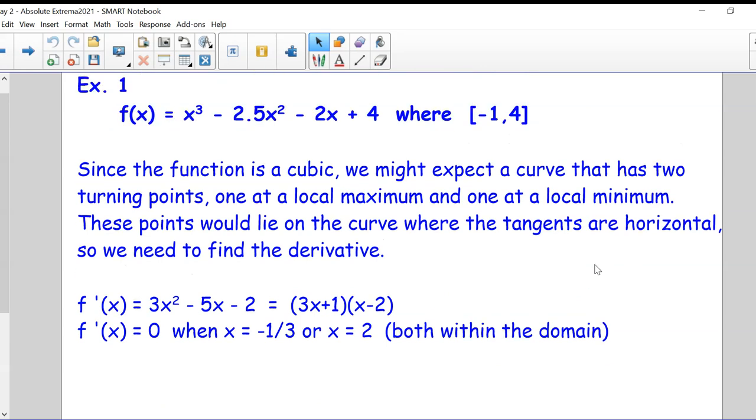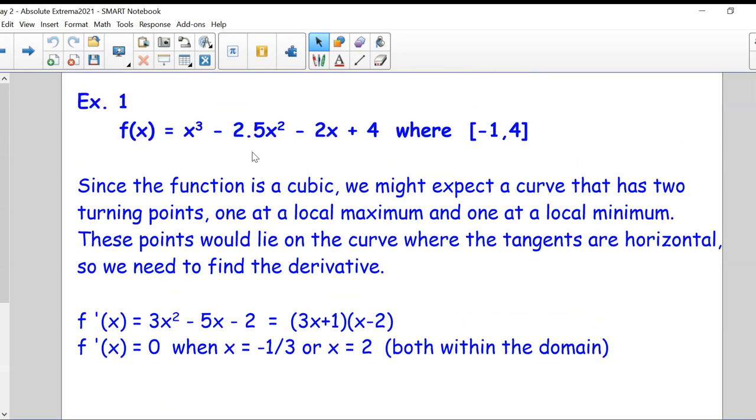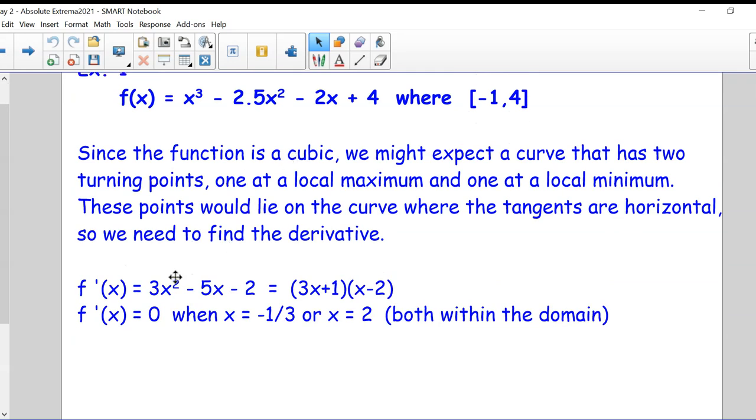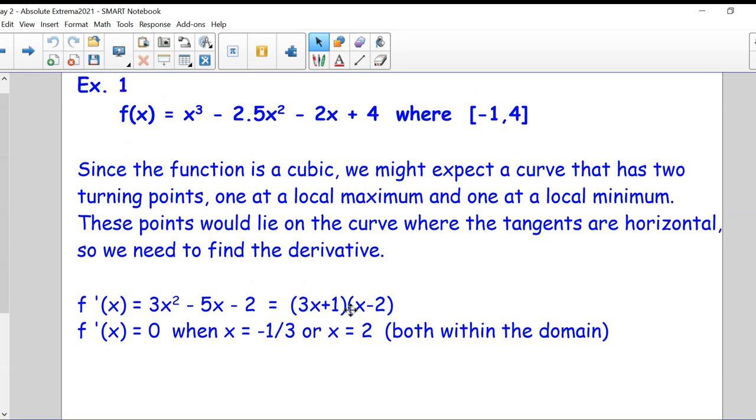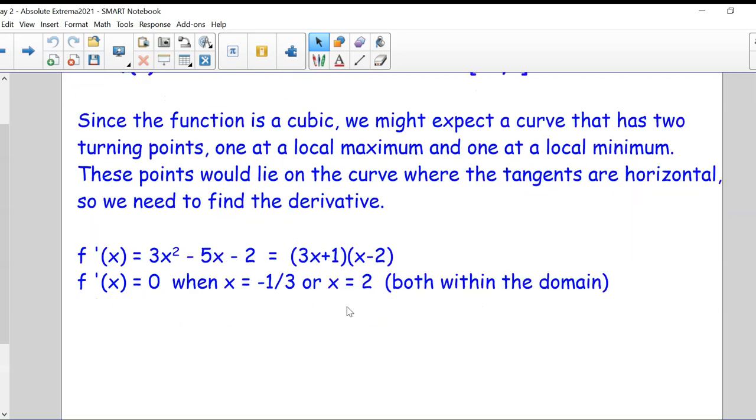So let's go back and look at the function again. That's the function right there. And we know that we can differentiate that easily enough. We're past the stage where I need to teach you that anymore. There's the first derivative, 3x squared minus 5x minus 2. Compare that to the original function. And again, I don't need to teach you how to factor. These would be the factors.